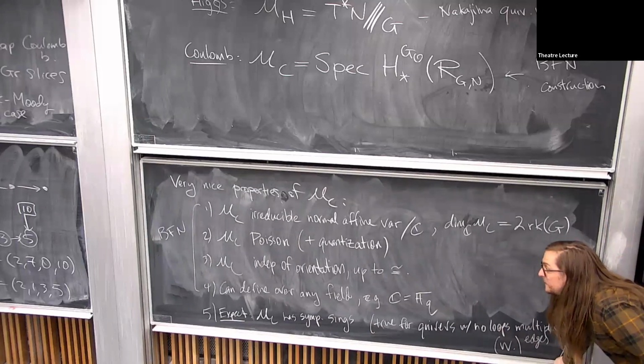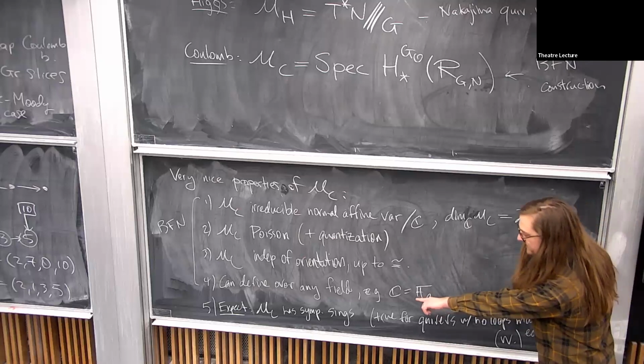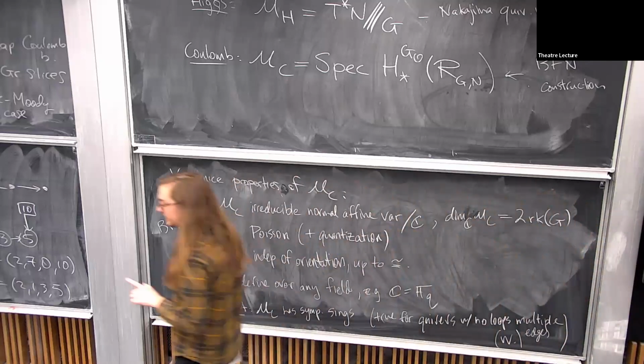That expectation seems to be panning out, although not completely general so far. One of the consequences of this, of course, is that this variety actually has finitely many symplectic leaves, which is sort of interesting.